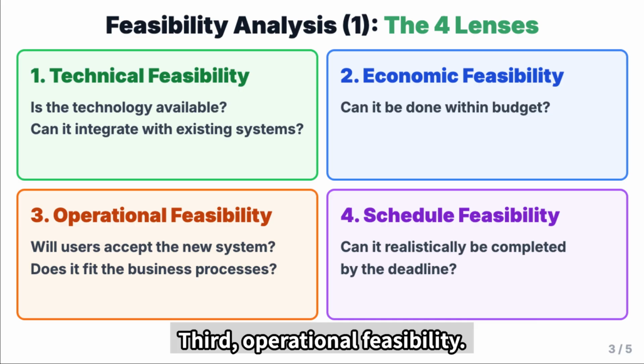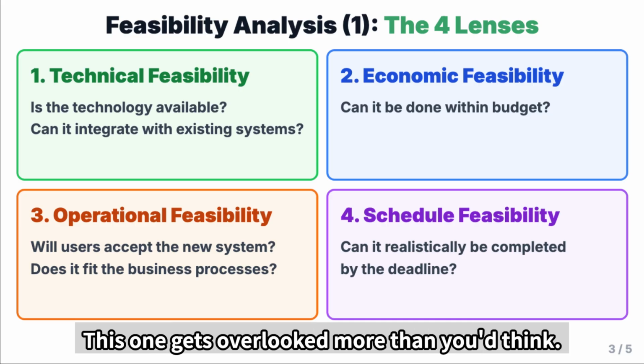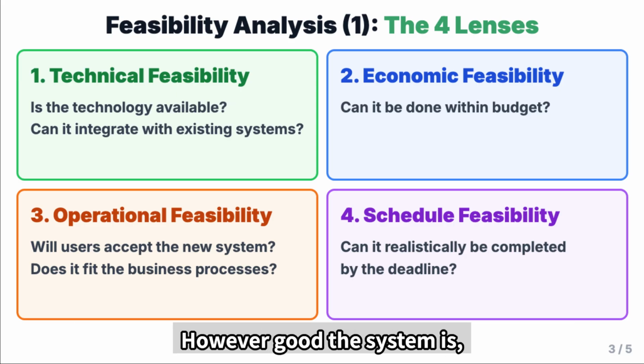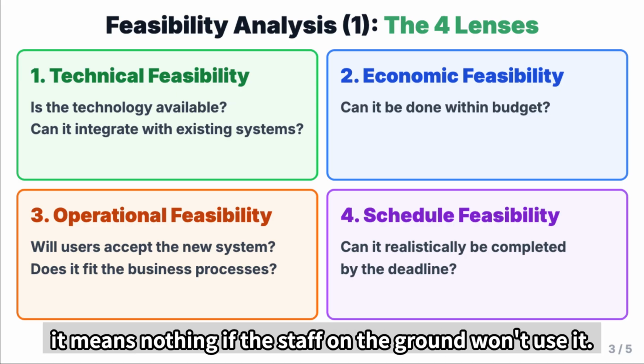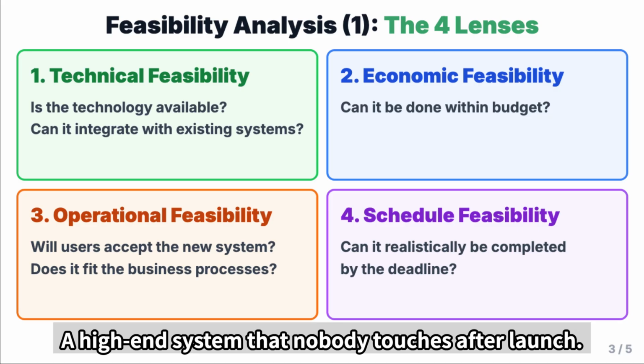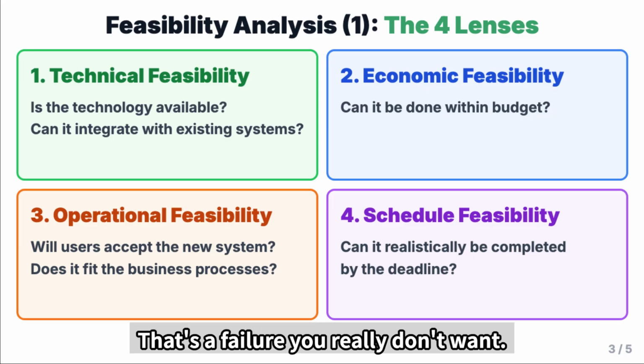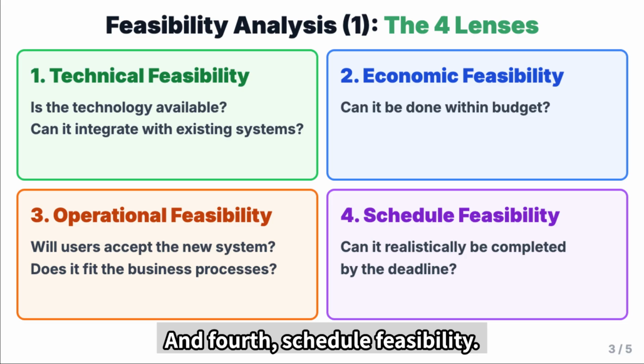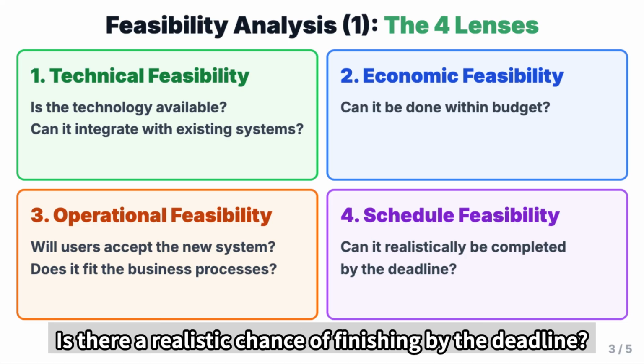Third, operational feasibility. This one gets overlooked more than you'd think. However good the system is, it means nothing if the staff on the ground won't use it. A high-end system that nobody touches after launch. That's a failure you really don't want. And fourth, schedule feasibility. Is there a realistic chance of finishing by the deadline?